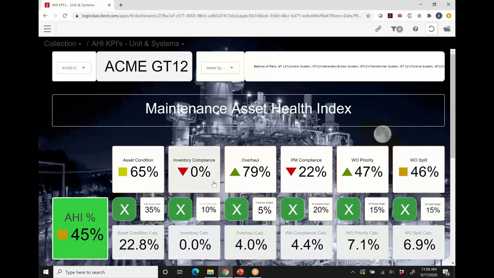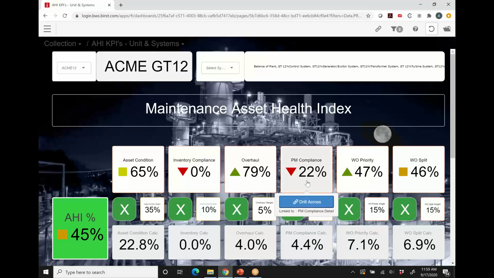For inventory compliance, I'm really doing badly because I'm not meeting the critical spares requirement. I'm 79 or 80% down the road in terms of the time elapsed since my last overhaul.